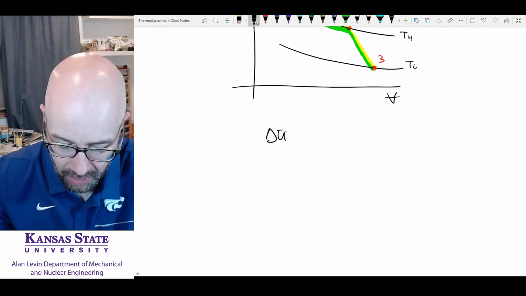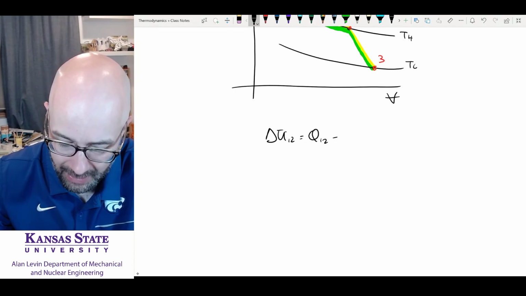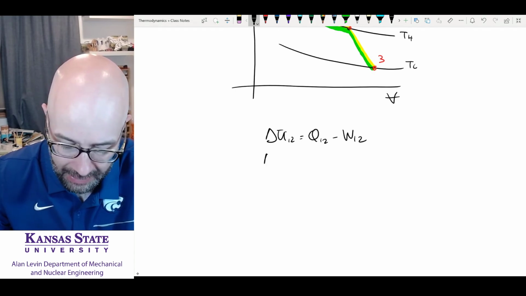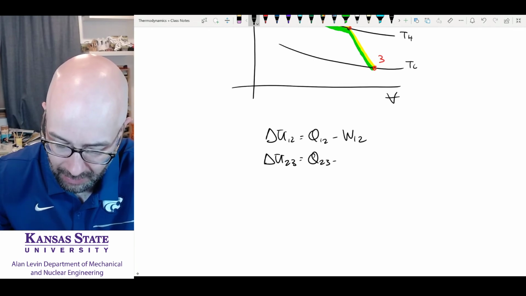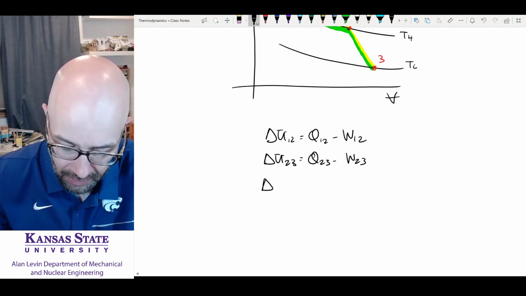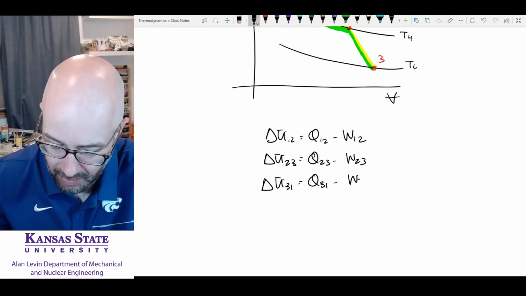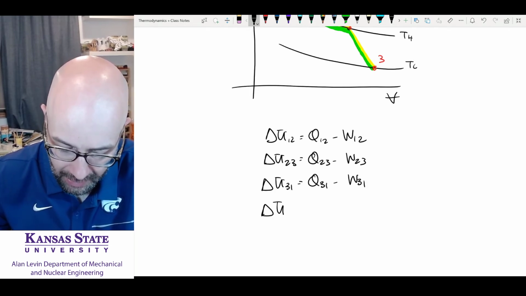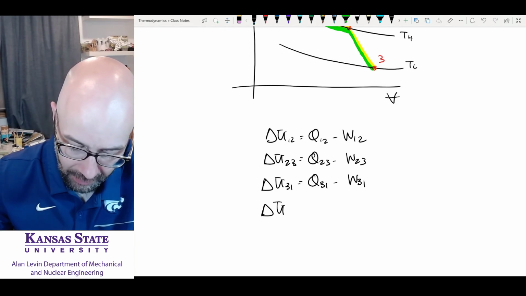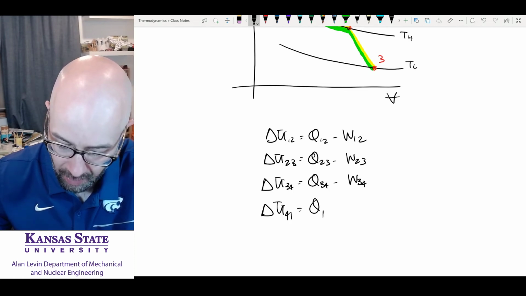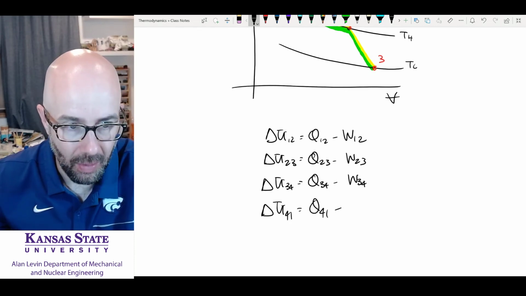Delta U12 is equal to Q12 minus W12. Delta U23 is equal to Q23 minus W23. Delta U34 is equal to Q34 minus W34, and delta U41 is equal to Q41 minus W41.